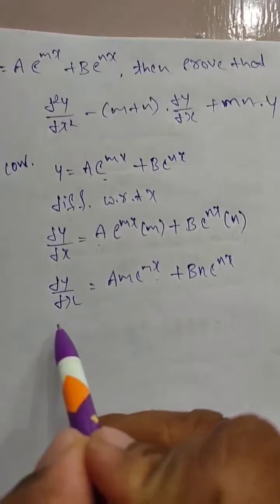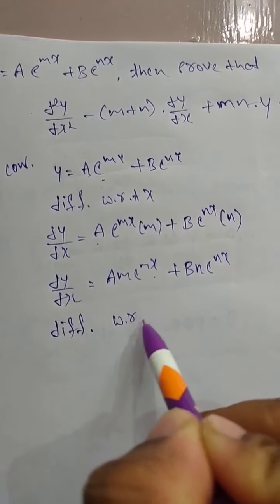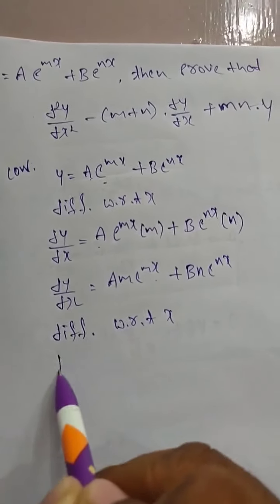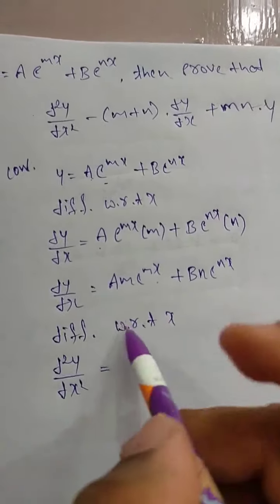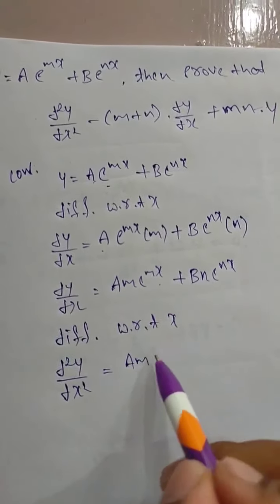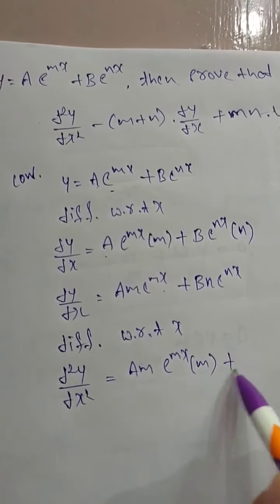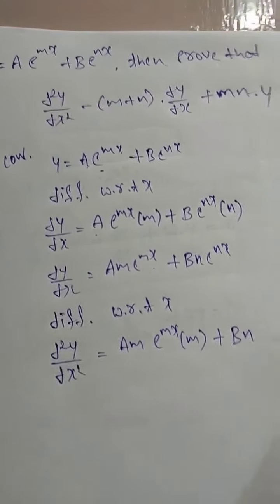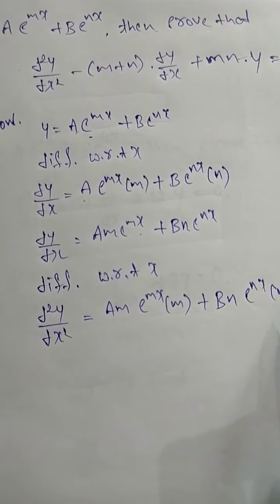We are differentiating another time with respect to x. So d square y by dx square is equal to, now am is a constant. The differentiation of e to the power of mx is e to the power of mx into m, plus bn is a constant. The differentiation of e to the power of nx is e to the power of nx into n.